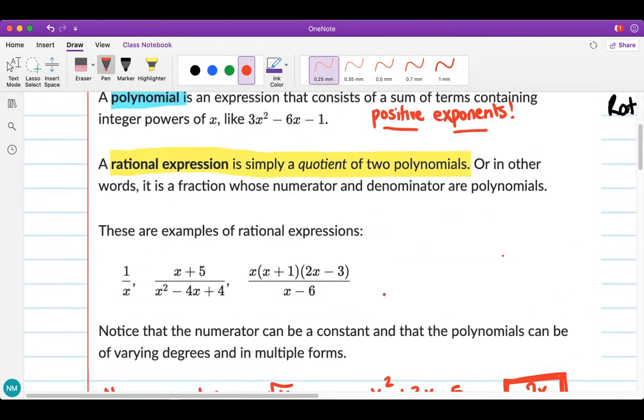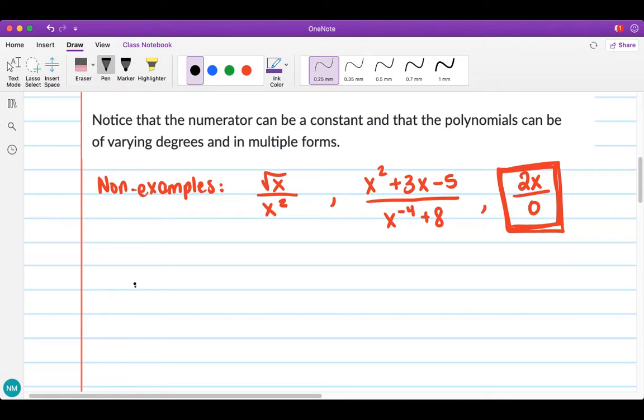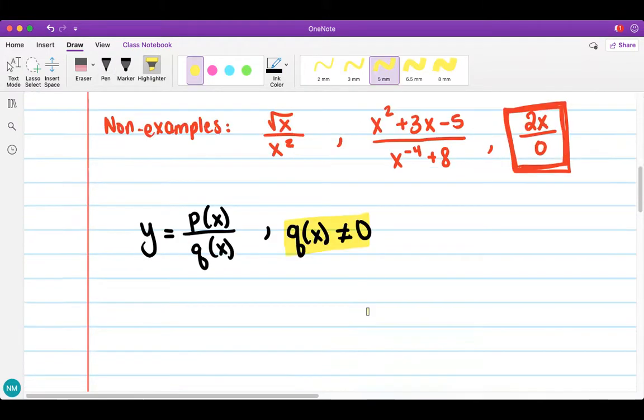Because, and we didn't put it up here, a rational function is written as y equals p of x over q of x, where they're polynomials, where q of x cannot equal 0. This right here is key. And that brings us to our domain, right?